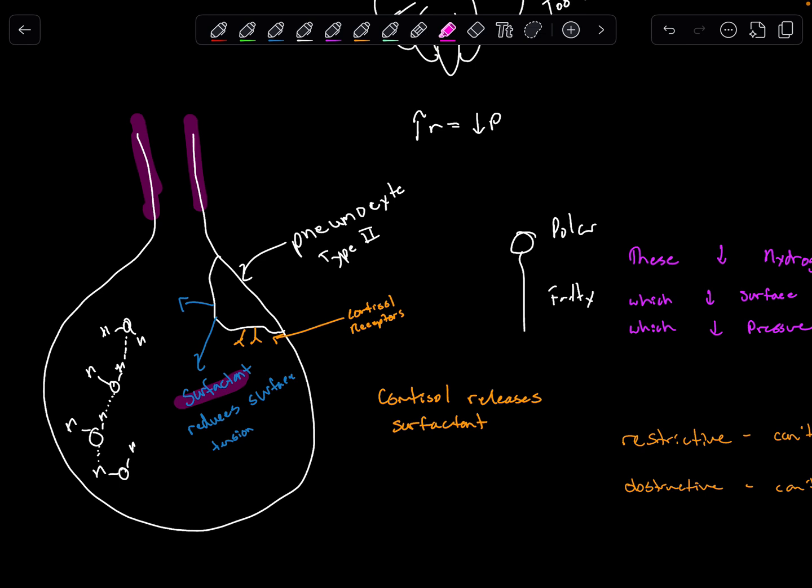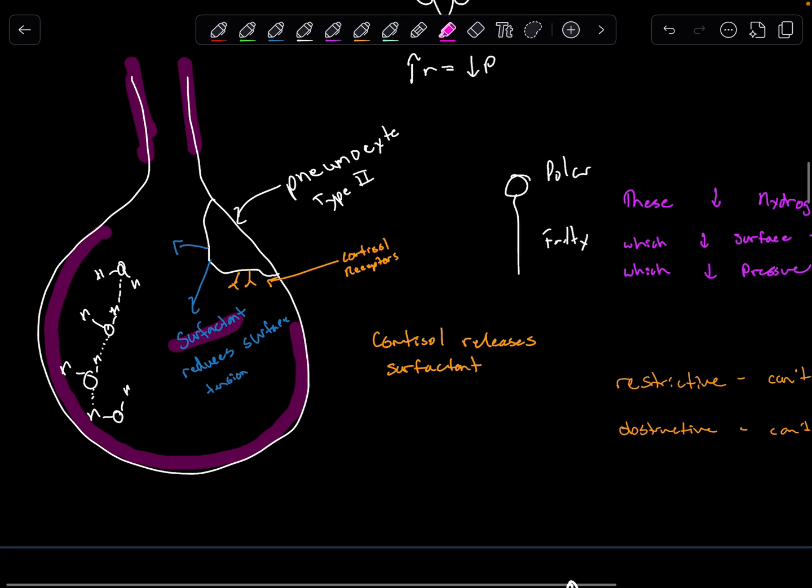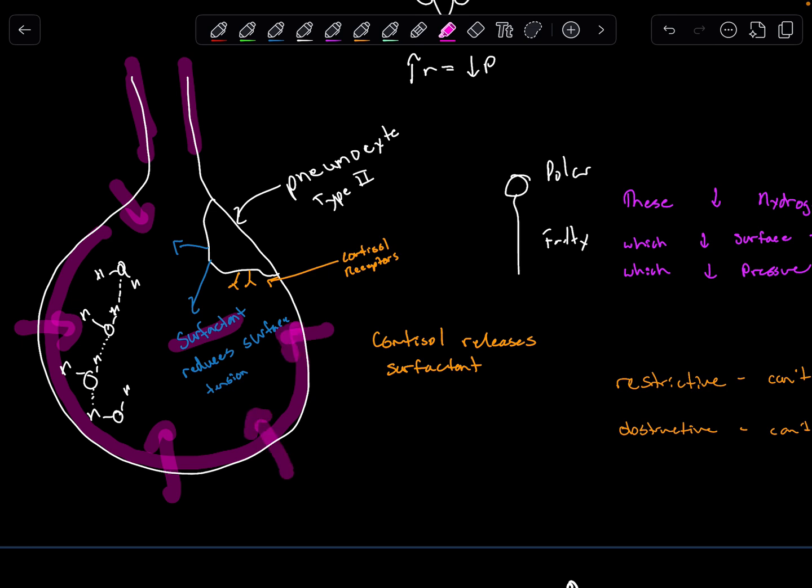And now it's important to remember that surrounding the edges of this alveolus is water, H2O, and that's what creates surface tension and allows the alveoli to be pulled in for when you're exhaling. It pushes air out.